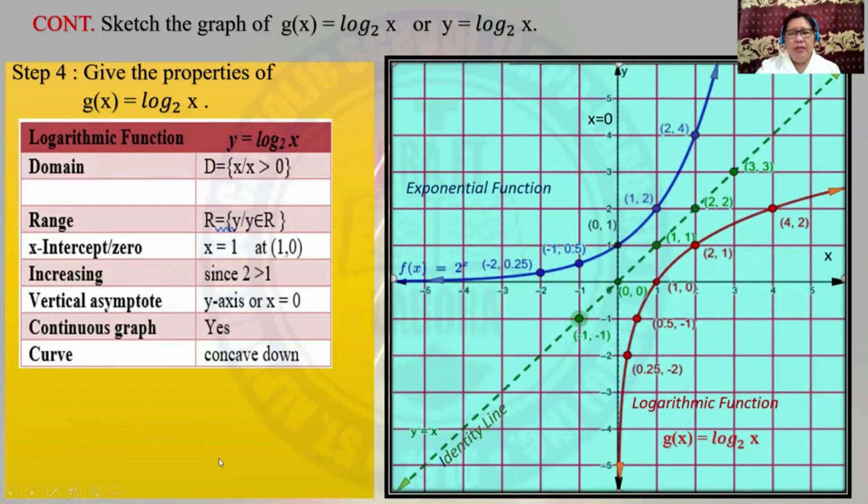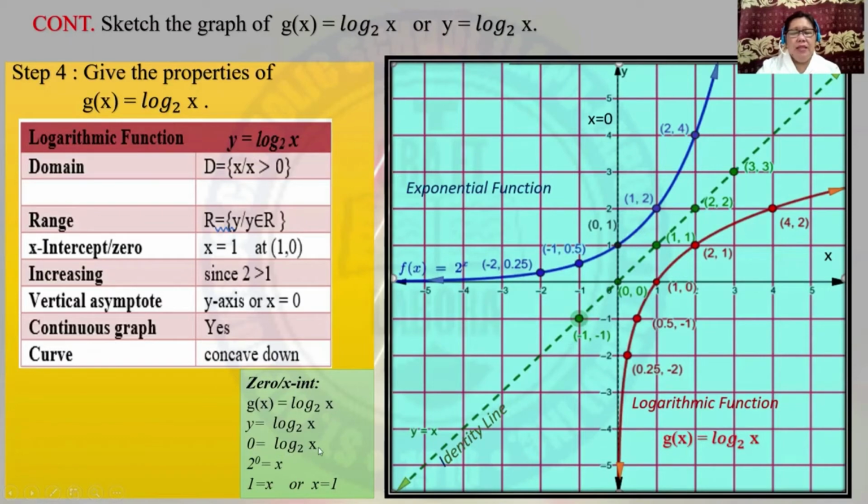Aside from looking at the graph, you can also identify the x-intercept by using this solution. So we have g of x is equal to log x to the base 2, or you can change g of x into y equals log x to the base 2. And since we're solving for the x-intercept or the 0 of the function, we change y into 0.